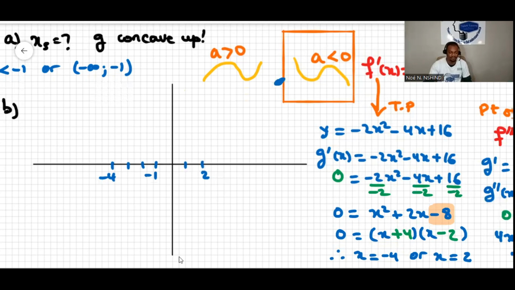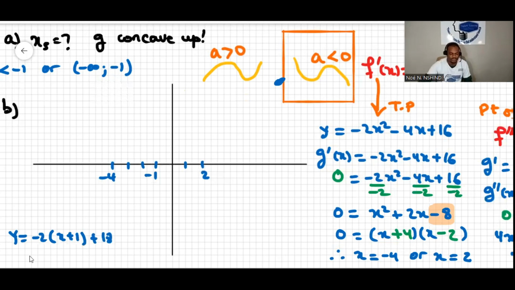So let's draw the graph. For the turning points, if x is -4, we substitute its value into the equation to find its corresponding y value. Y is also given by -2(x plus 1) squared plus 18.